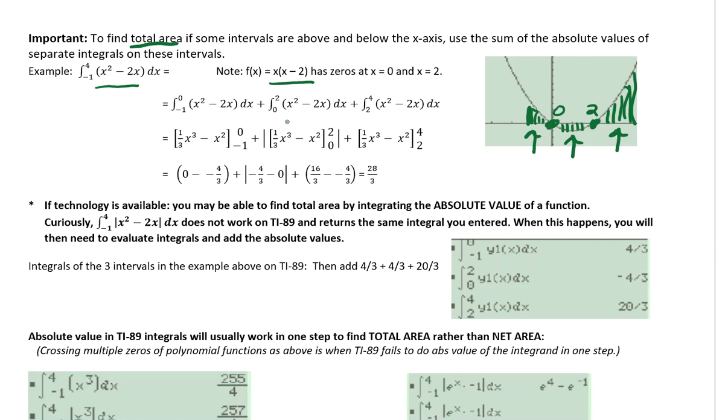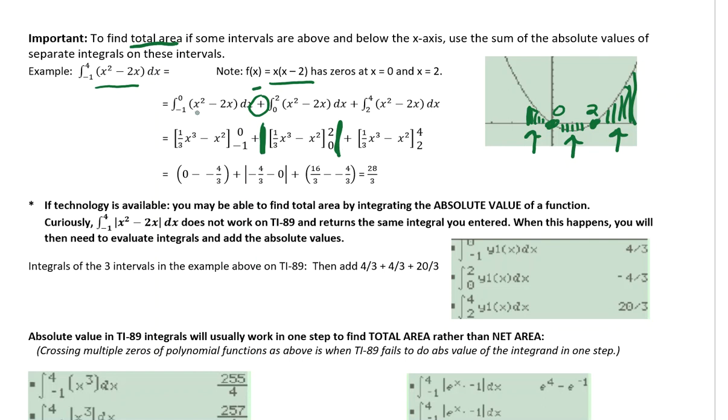And then what we would do is we would take the absolute value of this middle term if we want to make this positive. So this term right here, we could actually put a minus, since we know that's the region from 0 to 2, that's the region that's below the axis. So notice in my next step here that I have absolute values. That area is going to turn out to be negative.